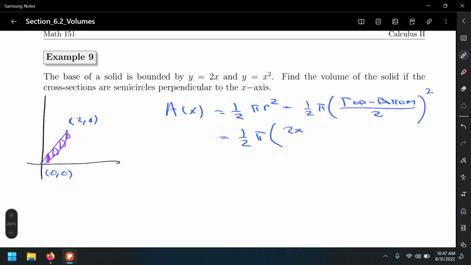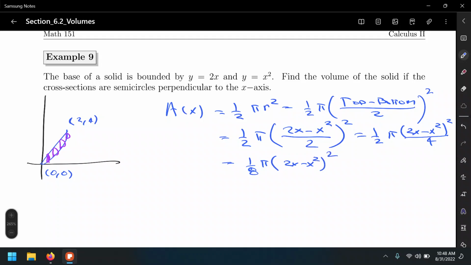The line, 2x, minus the bottom, which is the parabola, over 2. And let's simplify this a little bit. Squared. This is then 1/2 pi (2x minus x squared) quantity squared over 2 squared, which is 4, and then we can multiply 1/2 times 1/4. That's 1/8 pi (2x minus x squared) quantity squared.